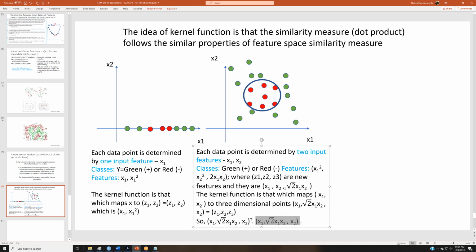We don't have to get into that, but this one will satisfy it. My main point is, it was x1, x2, but now I made it into x1 square, x2 square, and square root of 2 x1 x2. This is the added variable. Are you with me now? And that makes it a three-dimensional point.